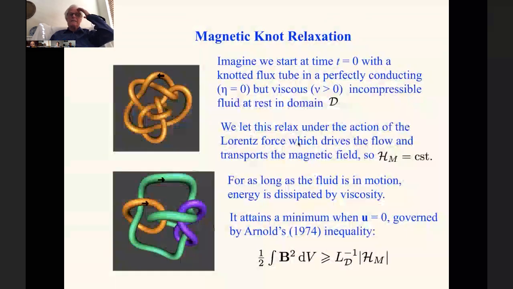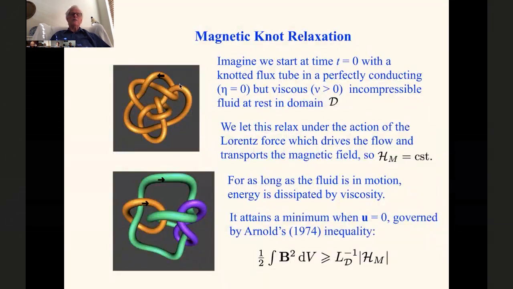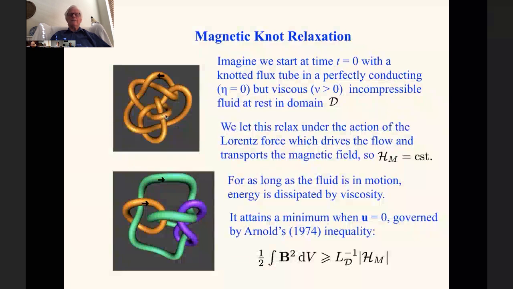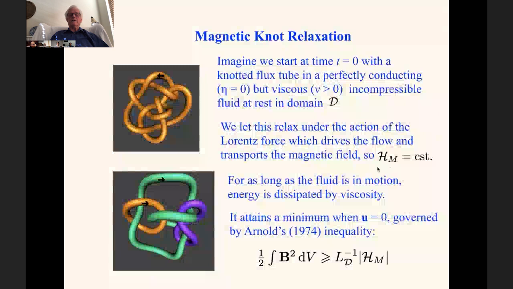Let this relax under the action of the Lorentz force. Remember, the Lorentz force now in relaxation pushes the fluid, so it drives the flow and transports the magnetic field, so H_M is constant in particular.